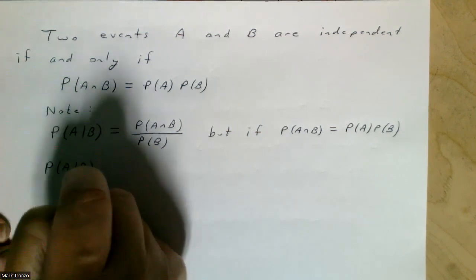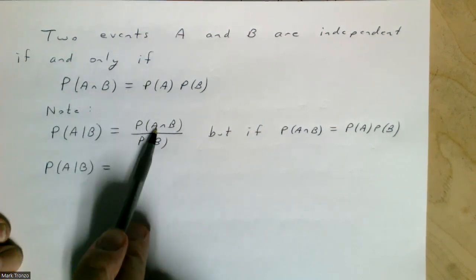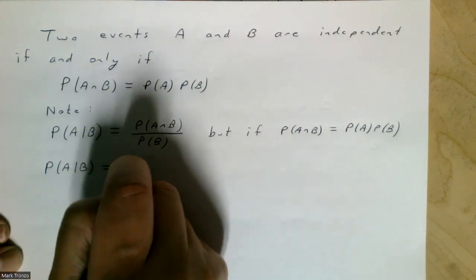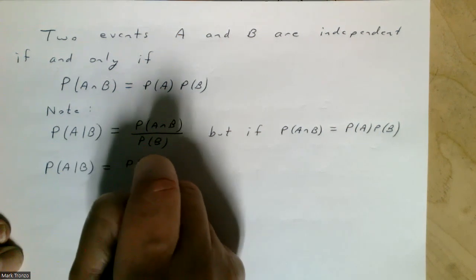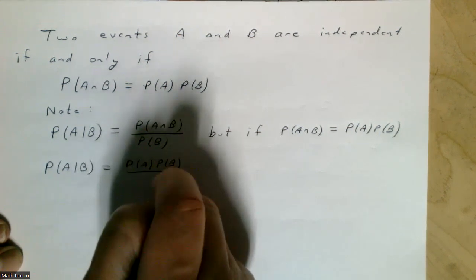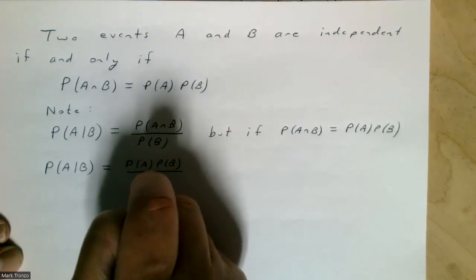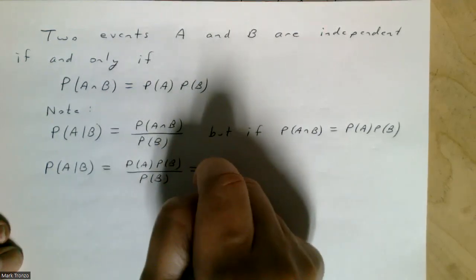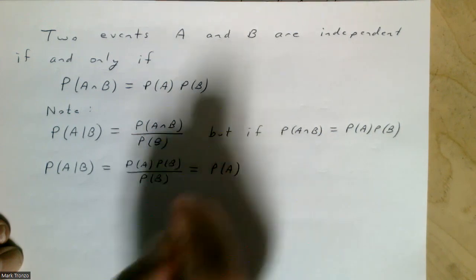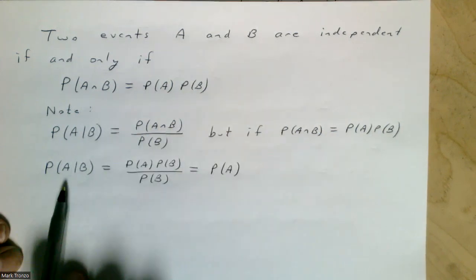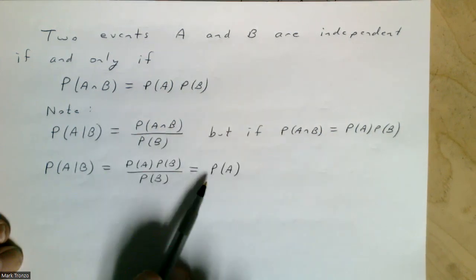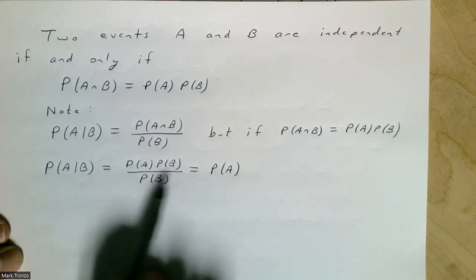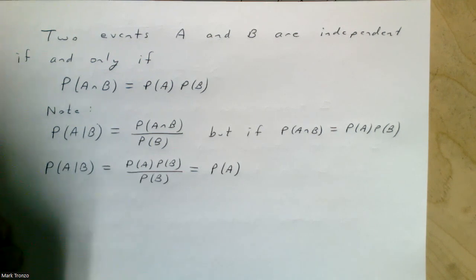We plug this in, and these cancel. So we get the probability of A given B in that case is equal to the probability of A. And so once again, you can see this implies that A is independent of B.